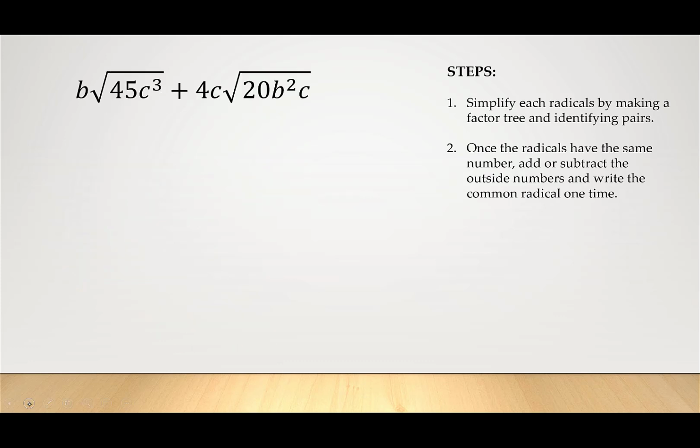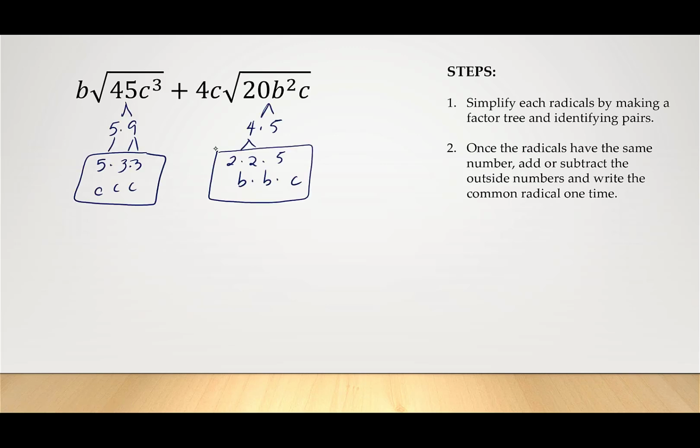All right, go ahead and pause the video and make factor trees of both of these radicals. Once you have your factor trees made, I want you to circle groups of 2 and then rewrite both of these radicals. The first radical has a pair of 3's and a pair of c's. There was already a b on the outside, so we'll put those letters in alphabetical order and say 3bc square roots of 5c.